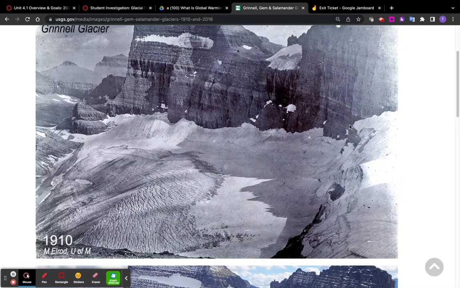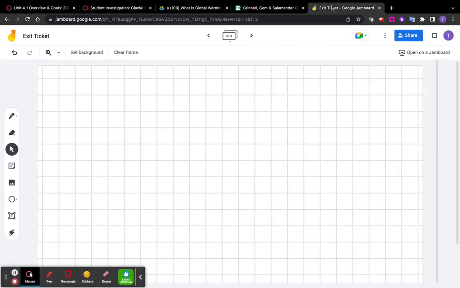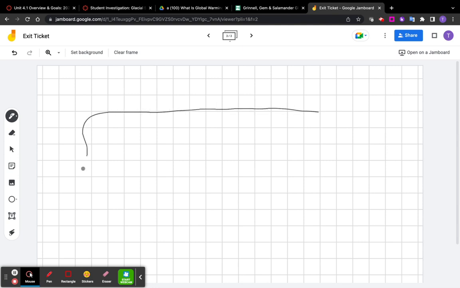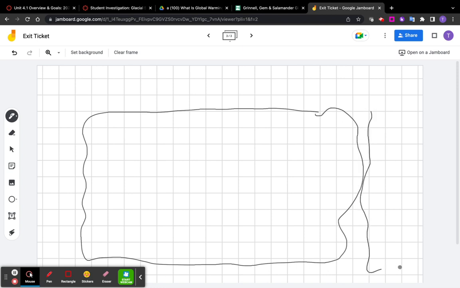Okay? So since I can't really do that and show you digitally, let's just say this glacier, I'll do it on here. Let's say on your graph paper, the glacier looks kind of like, say there's about this much. I think I saw some up on that little hill on the side.